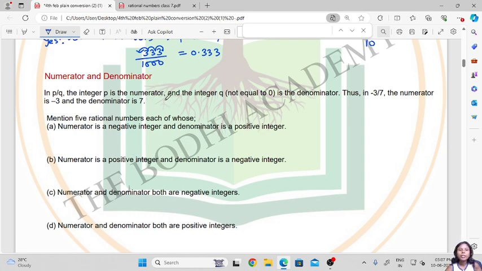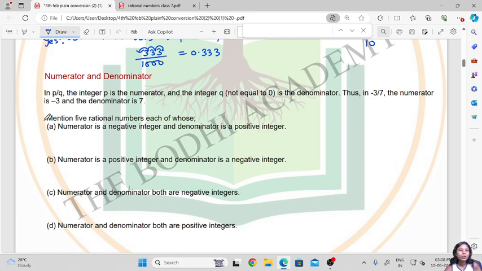This is the basic concept: p and q are two integers, they can also be natural numbers, p is the numerator and q is the denominator, and q is never equal to 0. In this simple example, we have minus 3 by 7, so obviously the numerator, that is on top, that is p, is minus 3 and q is given as 7.